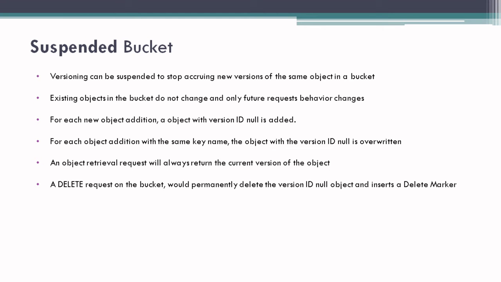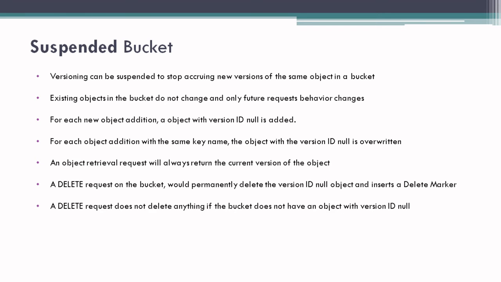A delete request on the bucket would permanently delete the version ID null object and insert a delete marker. So if you call a delete request and you have a version ID null object, it will be deleted permanently, and a delete marker will be added.